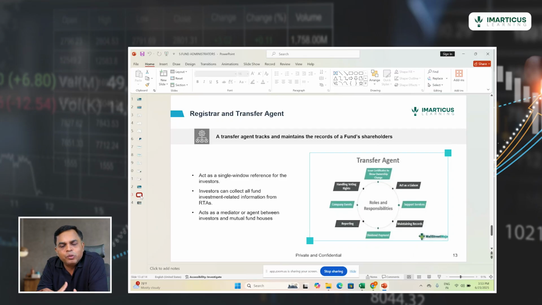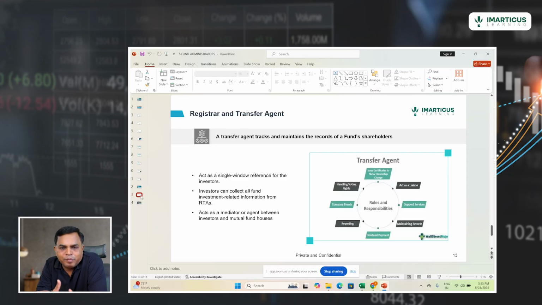Transfer agents do the bookkeeping function, in the sense that they are responsible for opening and managing investor accounts, meaning investors who want to invest in the funds. Transfer agents are also responsible for managing subscriptions and redemptions, that is, buying and selling of mutual fund or any fund units. They are also responsible for distributions, meaning distributing dividends or returns back to the investors.